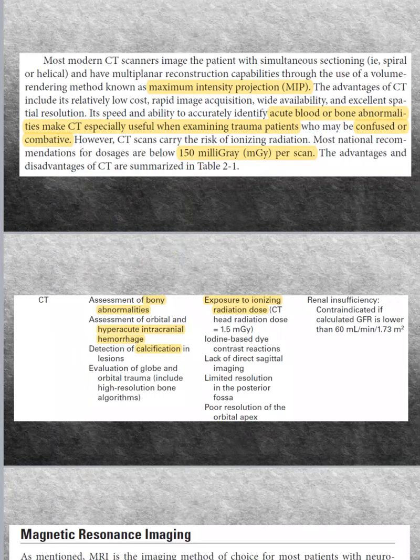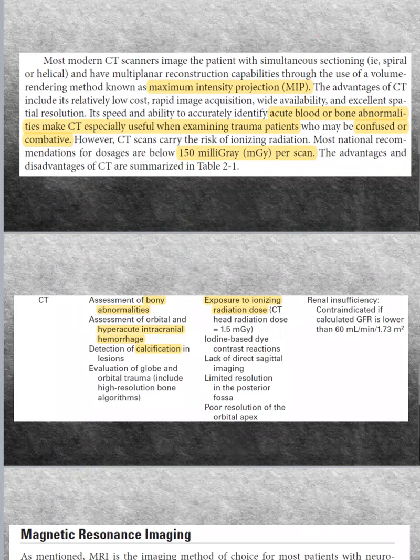If I want to demonstrate the course of the second nerve or the third nerve, I may do the MIP, maximum intensity projection. This is not important for us as ophthalmologists, but this is important for radiologists.